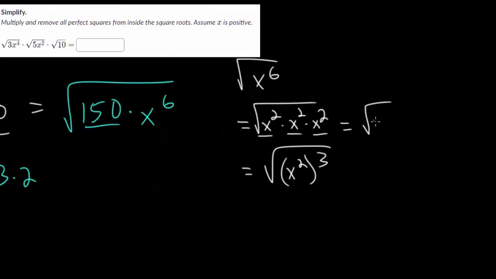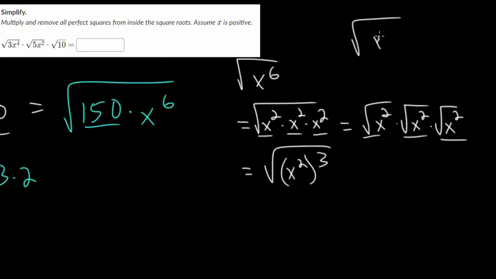So this becomes root x squared times root x squared times root x squared. And each of these is just x, since we know that the square root of x squared is the absolute value of x, but we're assuming x is positive. So we can drop the absolute value bars, and you just get x times x times x, which is x cubed. So this simplifies nicely because this is an even number.